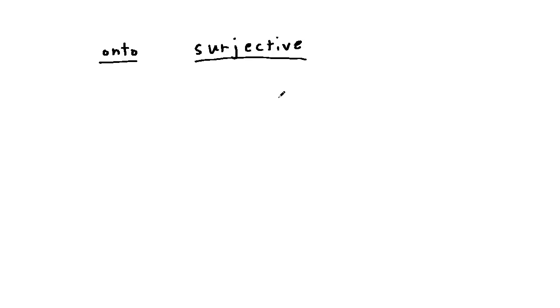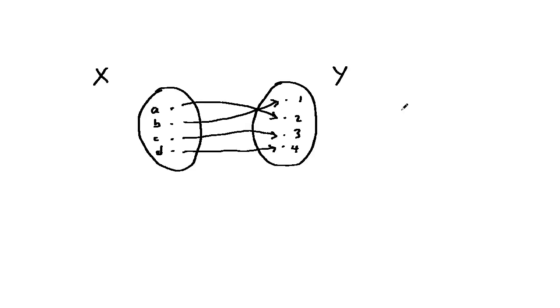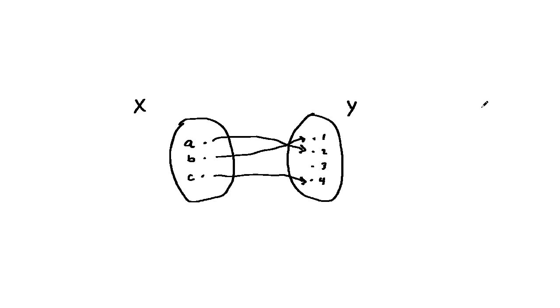For example, consider this function. This function is onto because each element in Y has some element in X being sent to it. In contrast, look at this function.